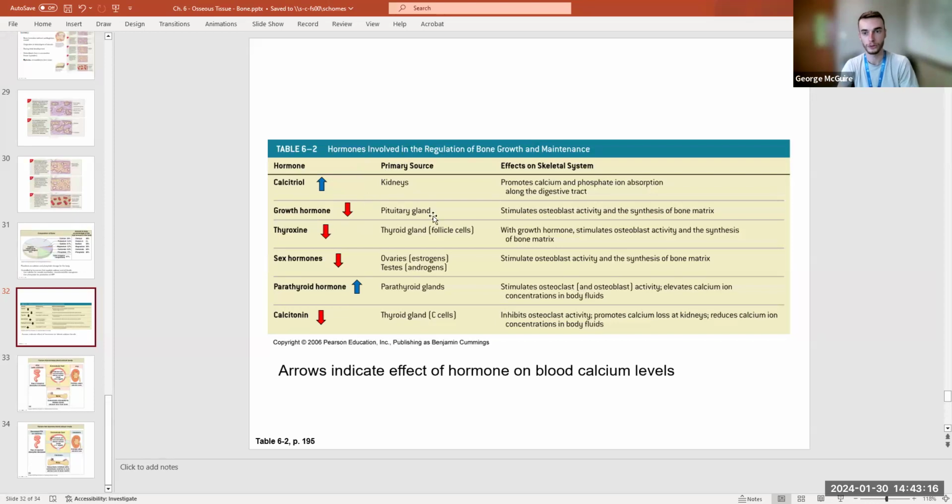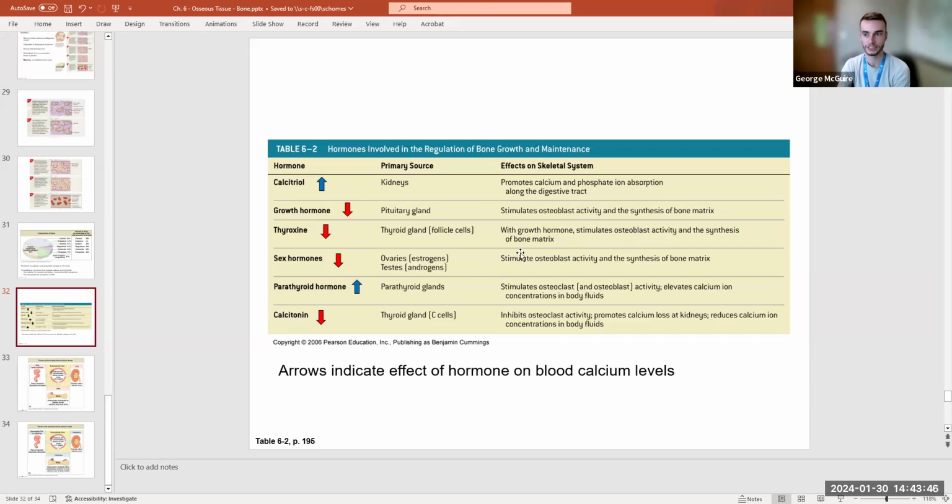We have growth hormone, which is from the pituitary gland, which stimulates the deposition of calcium and phosphate into our bone. So it's going to stimulate these osteoblasts, so making more of that bone matrix. So it's going to use up the calcium and phosphate that we have available in order to store it into the bone. Thyroxine from the thyroid glands works hand in hand with growth hormone to stimulate a similar response with our osteoblasts.